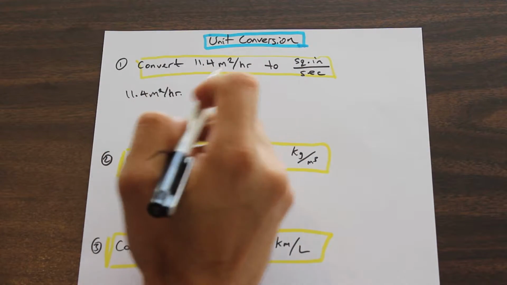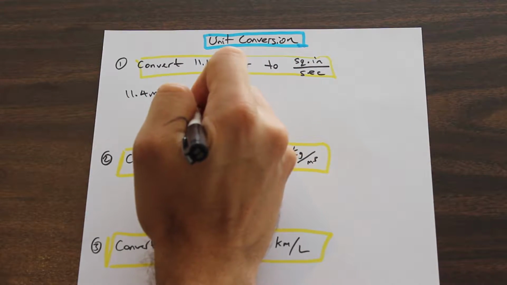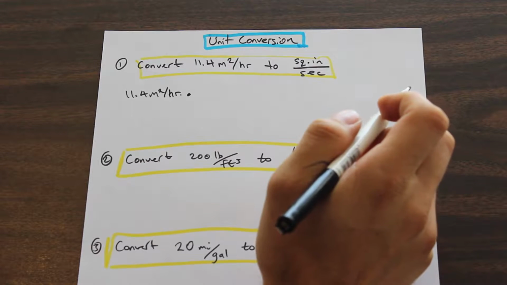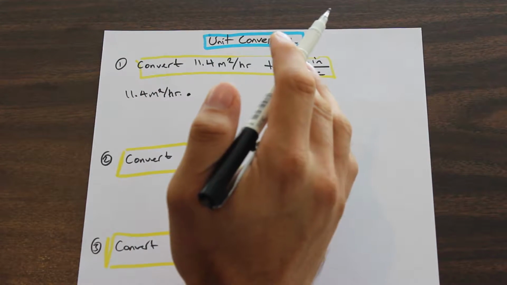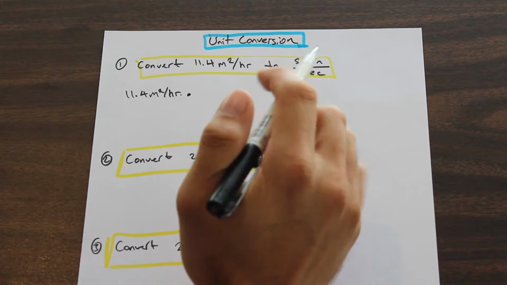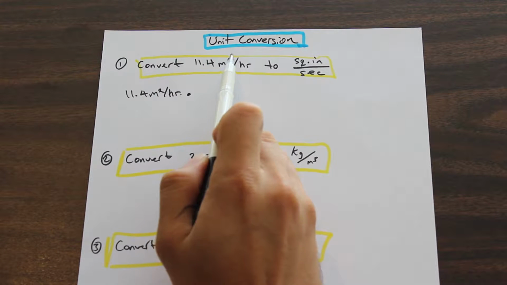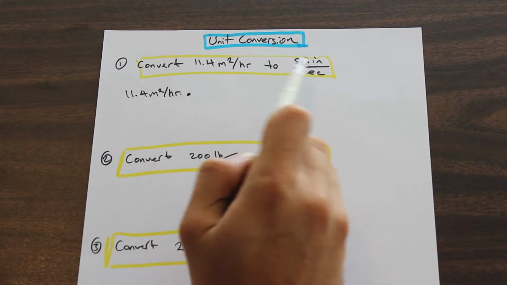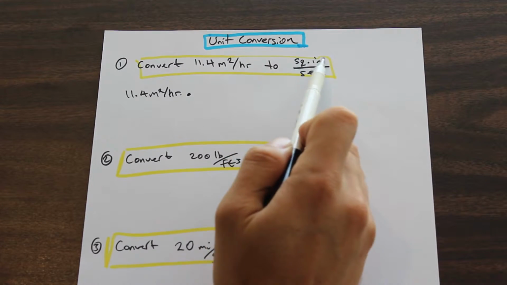This is how we're going to do dimensional analysis. I did a video on this previously, but we're going to do another one, and I'll walk you through it. What we want to do here is take a look at what we want to convert to. We have meters squared, which is an area unit, and we want to convert that to inches squared.